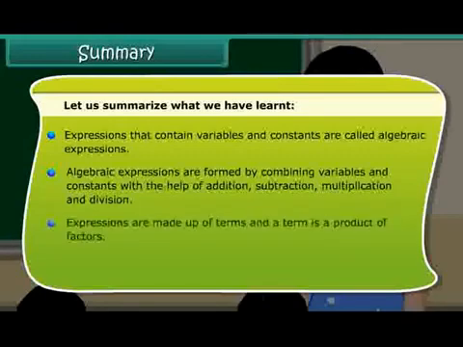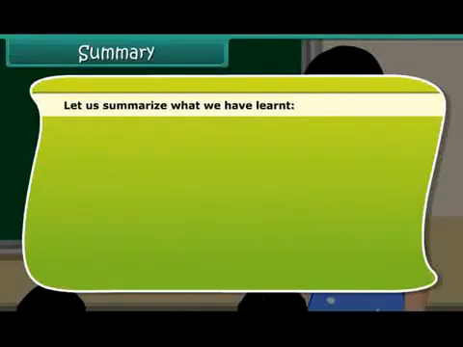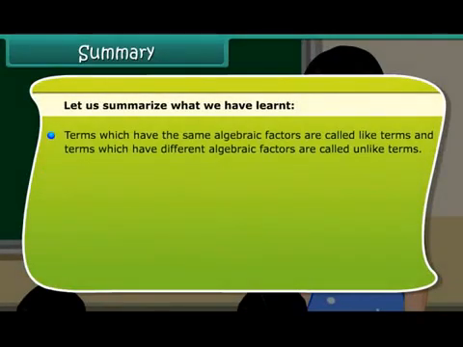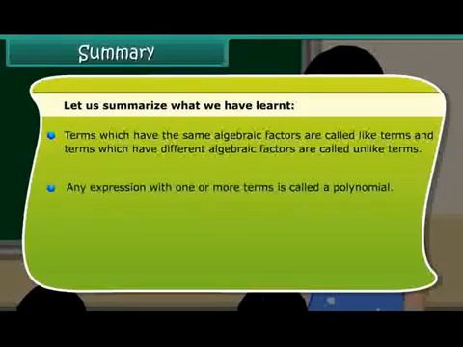Expressions are made up of terms, and a term is a product of factors. The terms which have the same algebraic factors are called like terms, and terms which have different algebraic factors are called unlike terms. Any expression with one or more terms is called a polynomial.